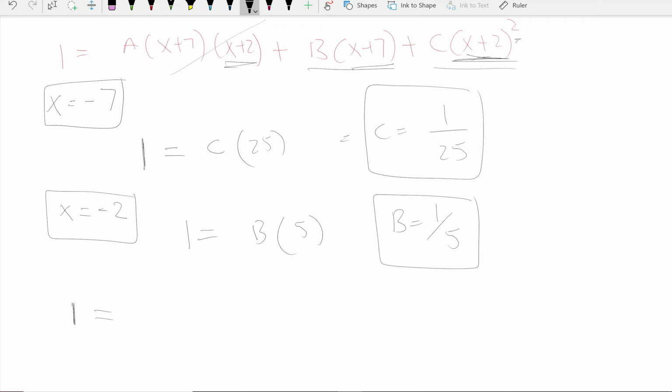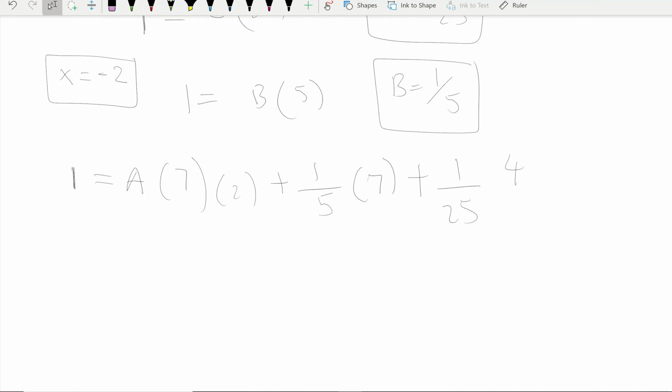So if x is 0, this will be A times 0 plus 7 is 7, 0 plus 2 is 2. B is now, we already know B, so we can use that advantage. B is 1 over 5 times 0 plus 7 is 7, plus C is 1 over 25, 0 plus 2 is 2, 2 square is 4. See? You can choose any number you like. The only constant you need to find here is A, so you can simplify this and find A. That's the secret.